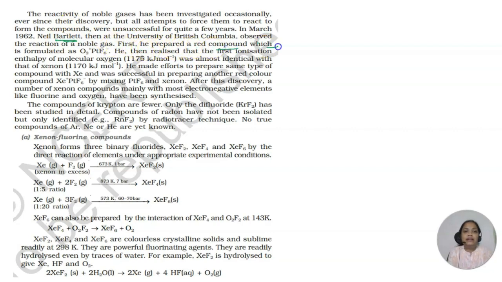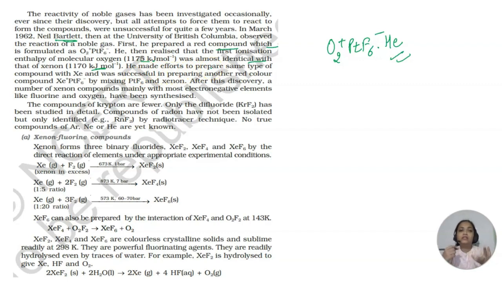He prepared a red compound which is formulated as O2+PtF6−. Then he found out that the first ionization enthalpy of molecular oxygen was identical with xenon. So that's why he made efforts to prepare the same type of compound with xenon.